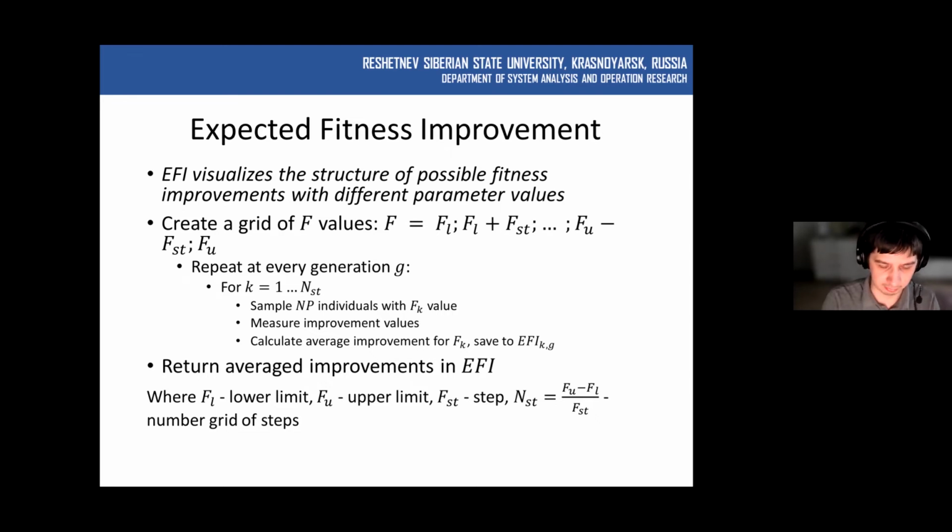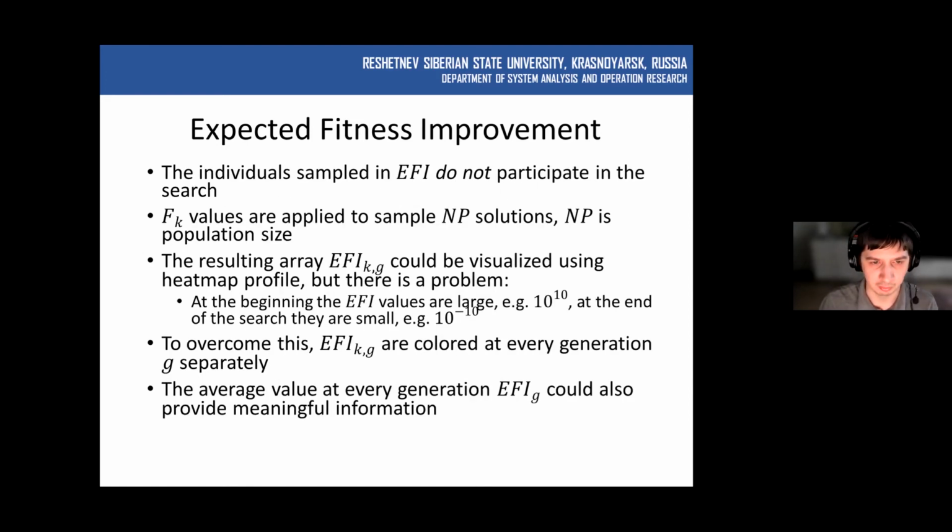And then let us build a picture which will show us how good are particular F or maybe CR values. So this is a visualization method, and the solutions that are sampled are not participants of the search.